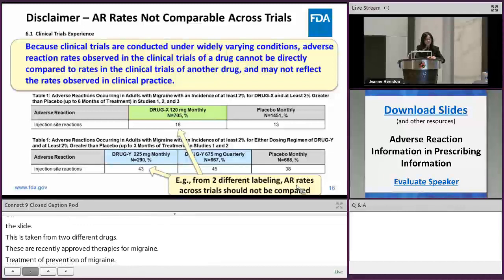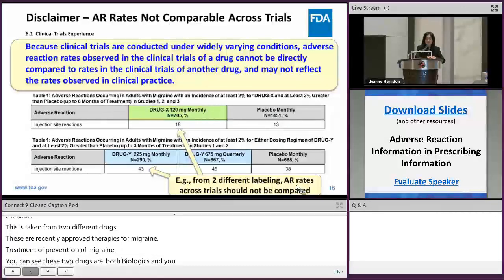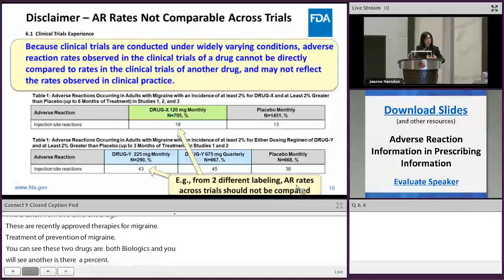So placebo monthly on one of them was 13% and another was 38%. And so you wouldn't want a provider to go and compare the injection site reactions. For one is 18%, the other is 43%. That's kind of a meaningless takeaway point. So you don't want to be comparing across drugs in their labeling. And so that's the purpose of this disclaimer.